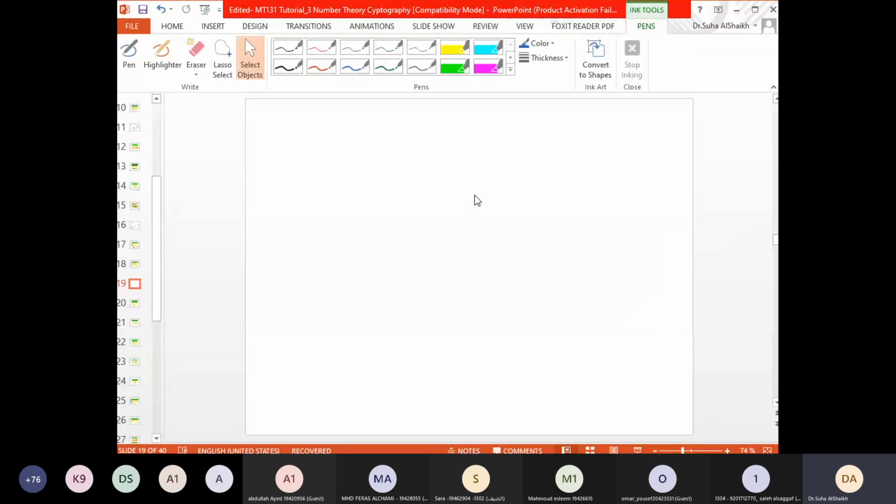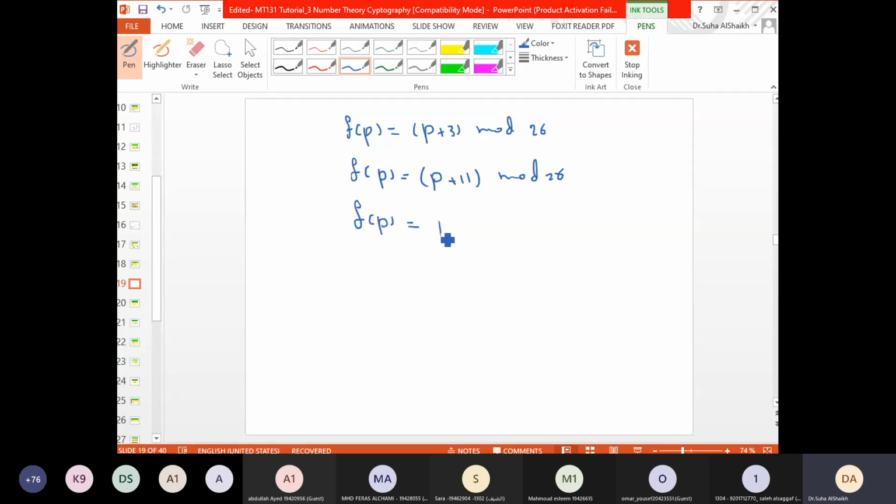Okay, the function, we agreed that the Caesar function, or the Caesar encryption function, is p plus 3 mod 26. We worked on the function f of p equal to p plus 11 mod 26. And we worked on the function f of p is equal to p plus 7 mod 26.